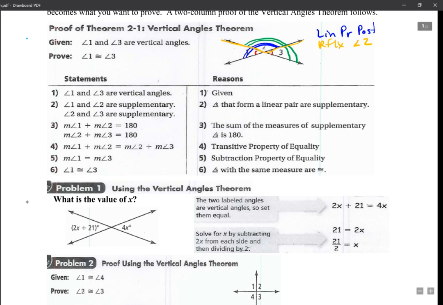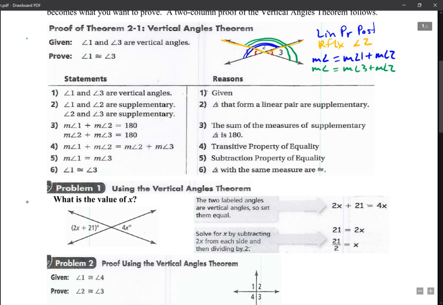And how do I make the blue angle? The measure of the blue angle is made by taking the measure of angle 1 plus the measure of angle 2. And how do I make the green angle? Well, the green angle is made by the measure of angle 3 plus the measure of angle 2.